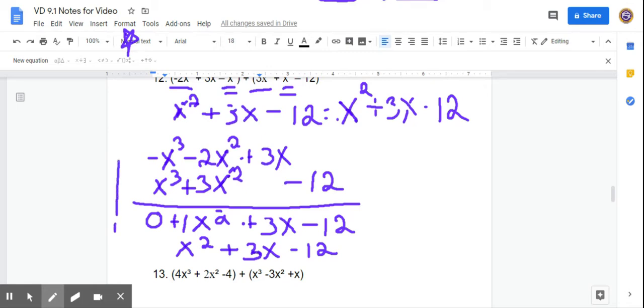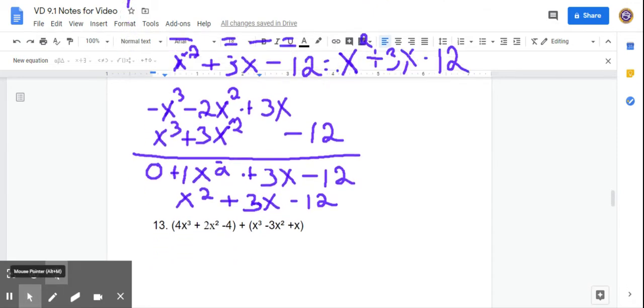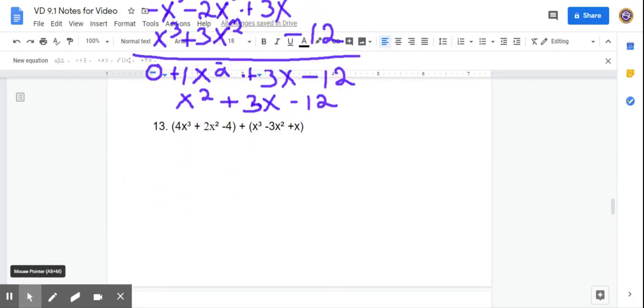Number 13. Again, if we look at our like terms, we have 4x cubed and 1x cubed. That's 5x cubed. We have 2x squared and negative 3x squared. That's negative 1x squared.